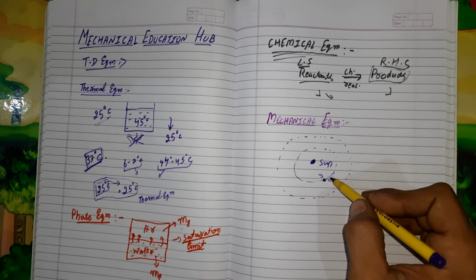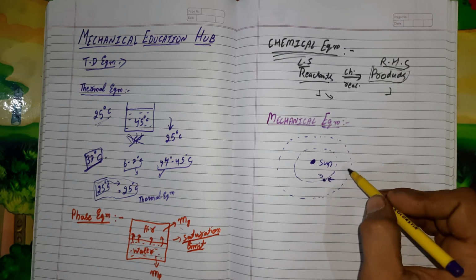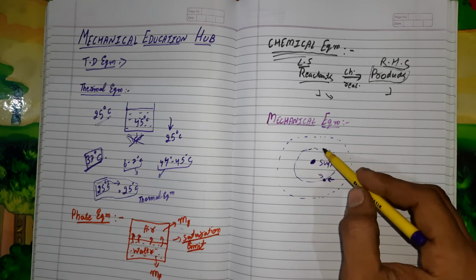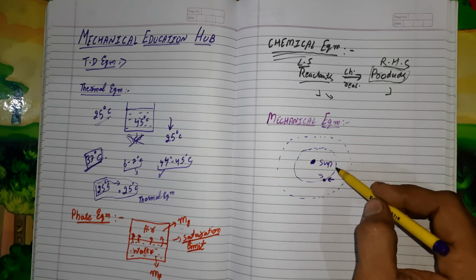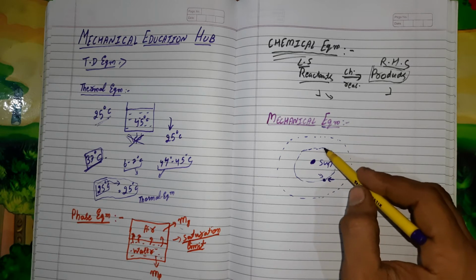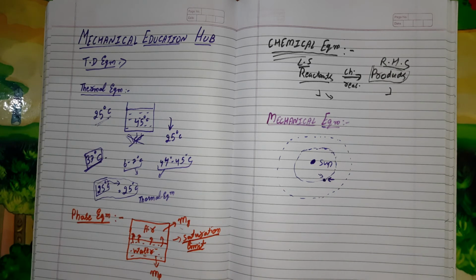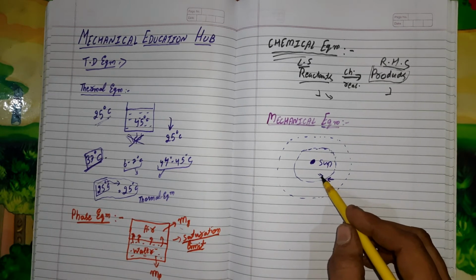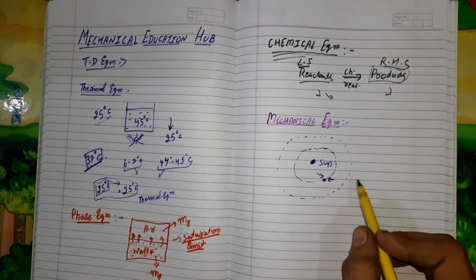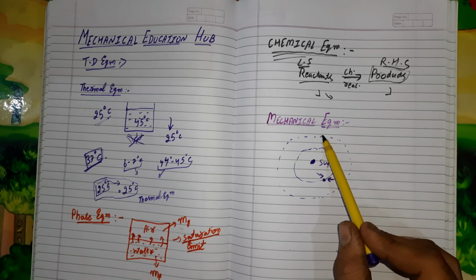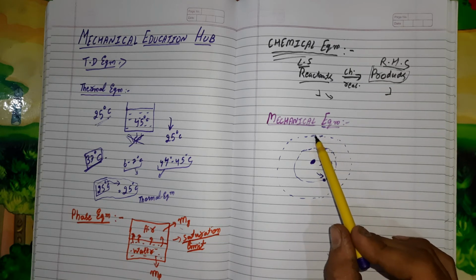But after that collision, they again attain their mechanical equilibrium. So this is the best example of mechanical equilibrium where gravitational forces are at equilibrium. For disturbing their equilibrium, we need a heavy amount of force. Then only their equilibrium can be disturbed.